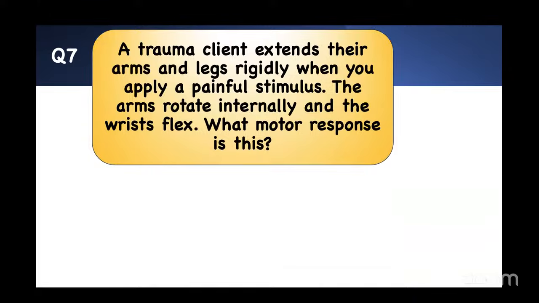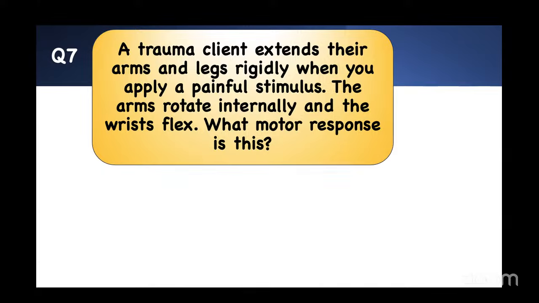You have a trauma patient. Extend their arms and legs. What? When you apply a painful stimuli, the arm rotates internally and then what? The wrist flexes. This is an NCLEX key model exam. I want you to know this, write it down, take a picture of it, watch it every day.